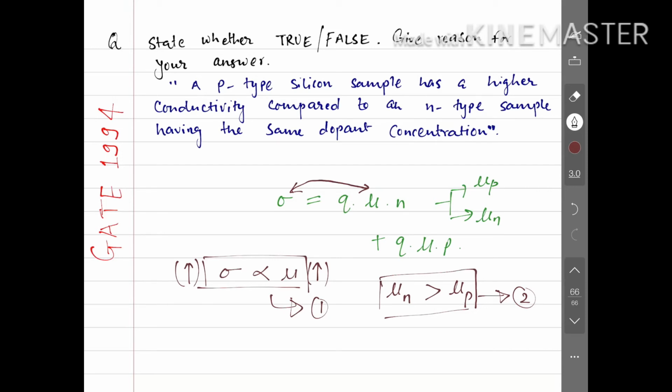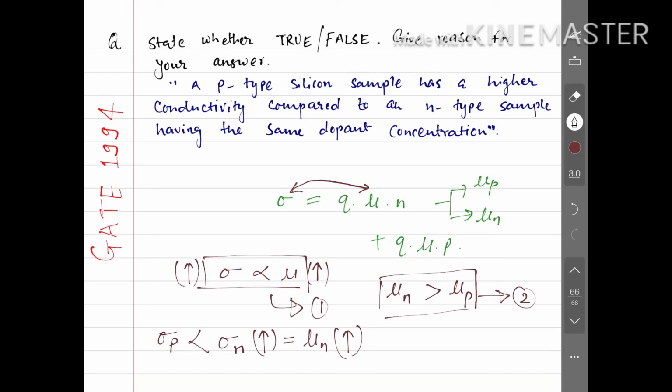Mobility is directly proportional to conductivity, and as the mobility of electrons is higher, the conductivity would be higher for n-type material as compared to p-type material. So the conductivity of p-type material would be less than the conductivity of n-type material.